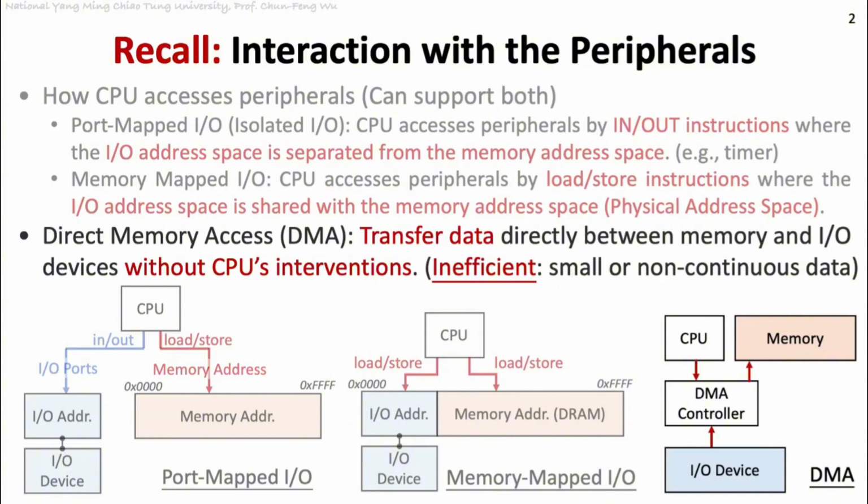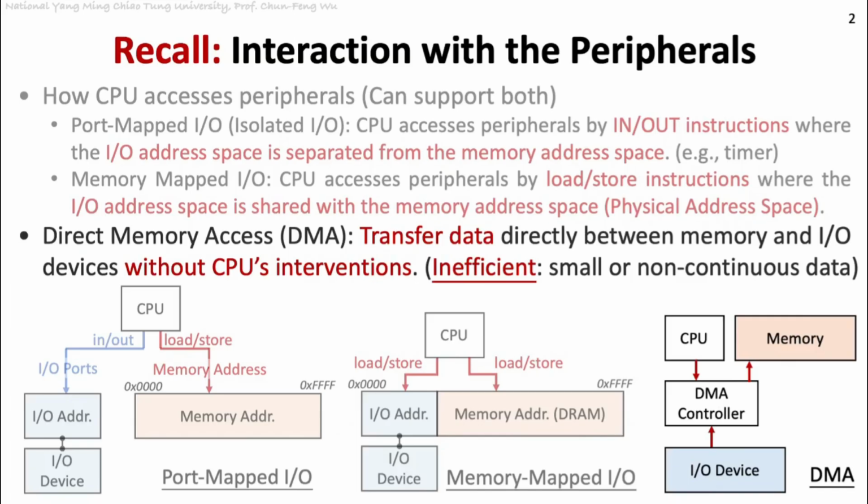Okay. So another scenario is non-continuous data. Each time, the DMA controller can only move continuous data, because as I mentioned, the CPU will only send the DMA controller the starting address and how much we are going to move. So if the moving is not continuous, then the CPU needs to send a lot of DMA requests to the DMA controller, so it will take a little bit of overhead.